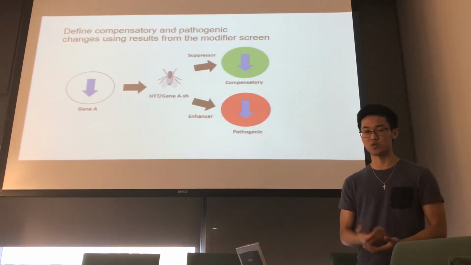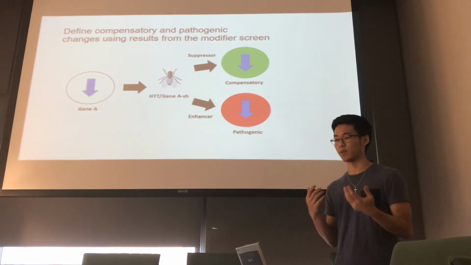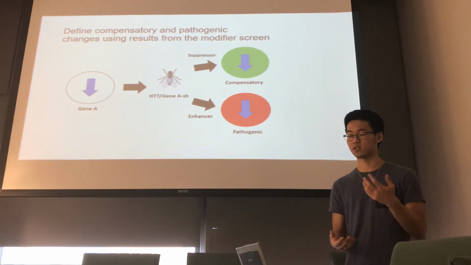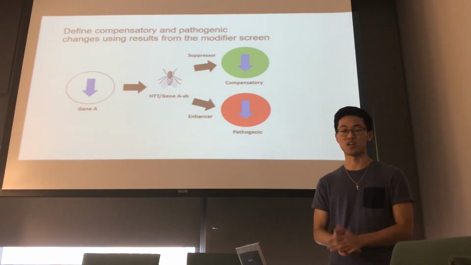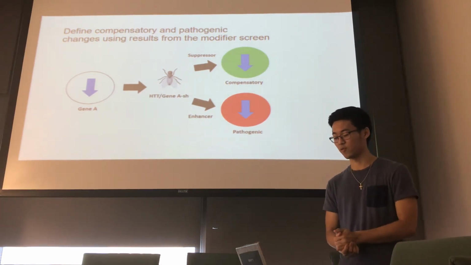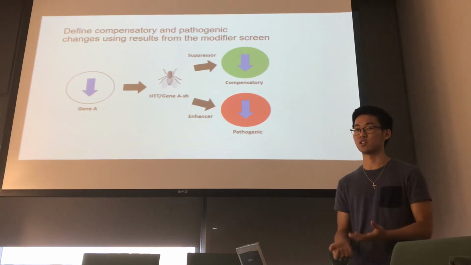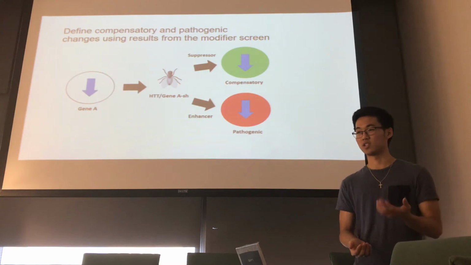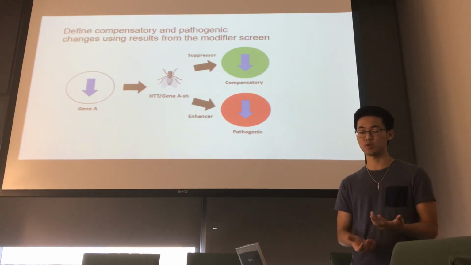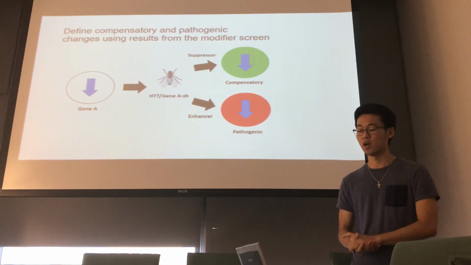In doing these screens, we can better categorize the genes that are dysregulated within the disease. For example, if a certain gene is downregulated in Huntington's, we can test that gene through our screen to see whether that downregulation is a compensatory mechanism or a pathogenic mechanism.